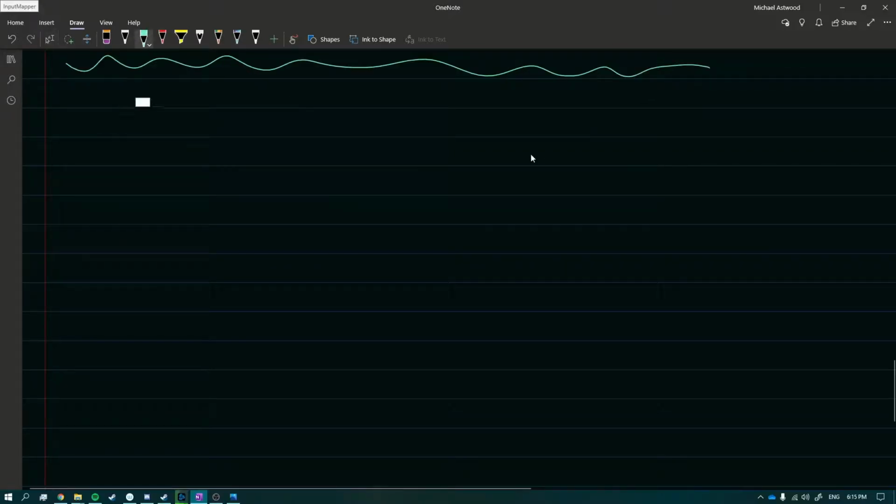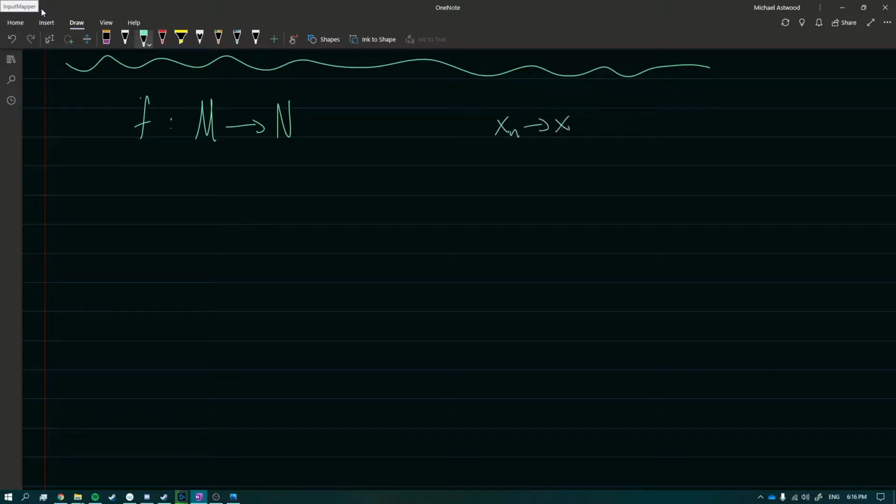Okay, so let me define continuity for you. Suppose you have a map F from one topological space M to another one, I'll call it N. And you want F to have some notion of continuity. So let's look at Rn, for example. Rn has a notion of continuity where if xn goes to x as n goes to infinity, then F is continuous if f of xn goes to f of x.